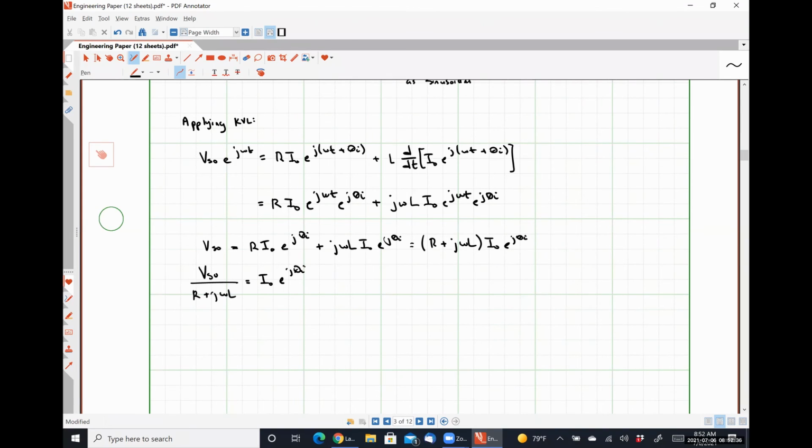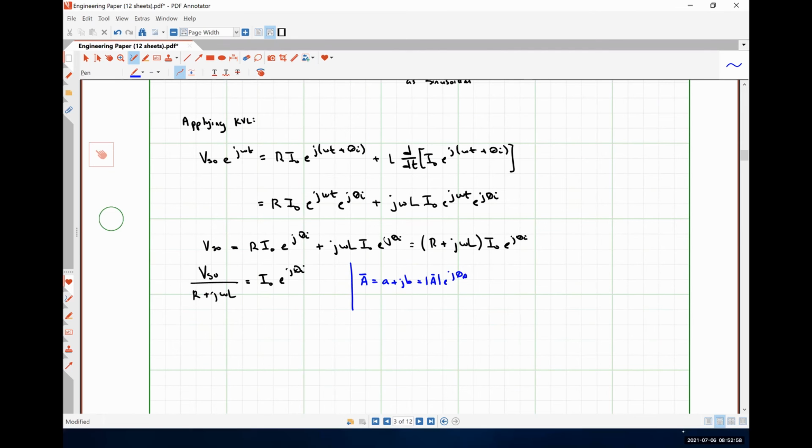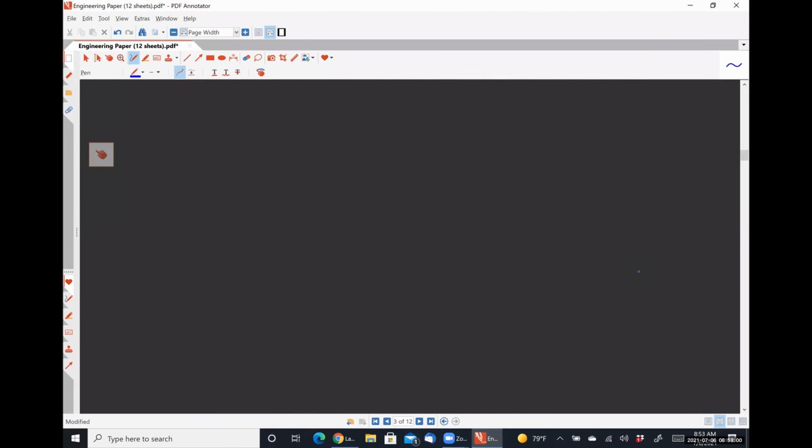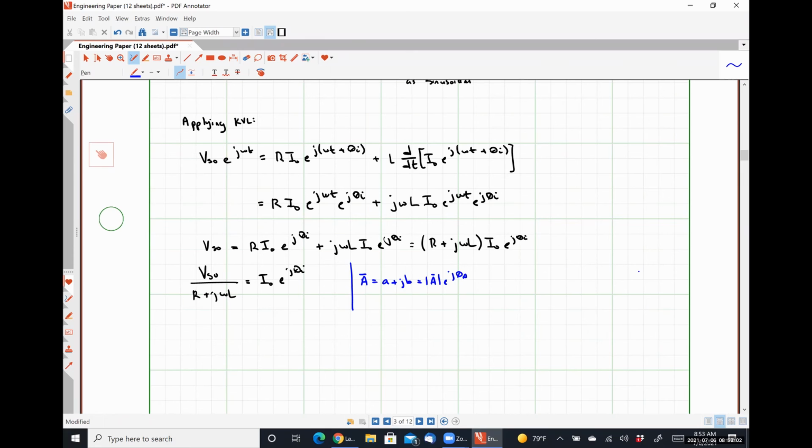So just as a brief recap, if I have a complex number A equal to a plus jb, which is also equal to the magnitude of A, e to the j theta A, I'm saying that these two numbers are equal.